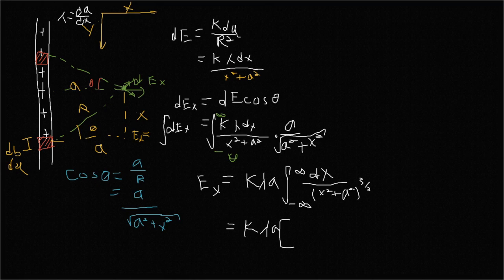So when you integrate this, this is 1/2 on the bottom. I'm trying to do this in my head. Let's see. X squared plus a squared to the 1/2, because you add 1 to the denominator.